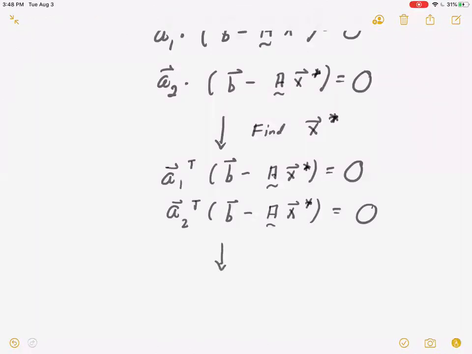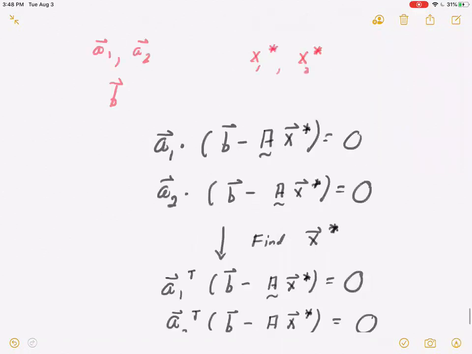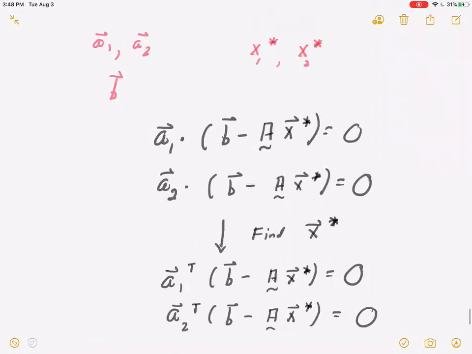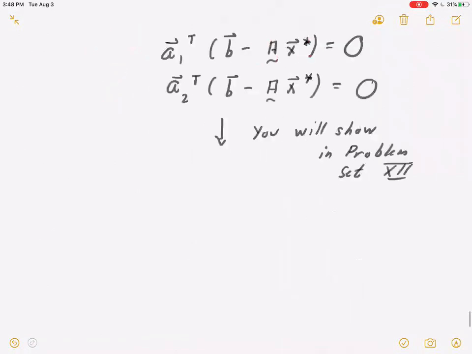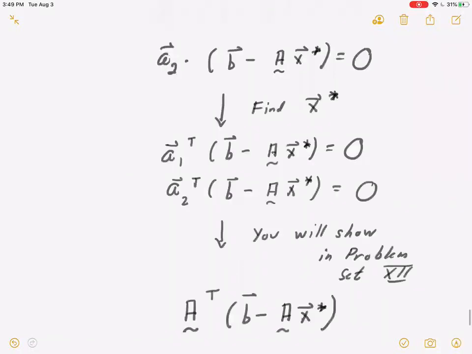So you will show in problem set 12 that in fact these two equations can be written as one equation. Now be careful here.